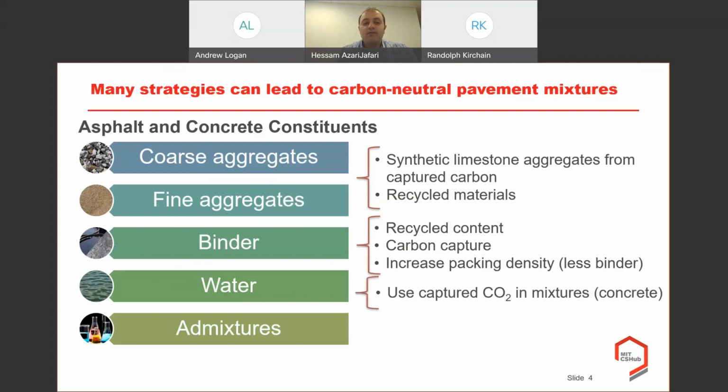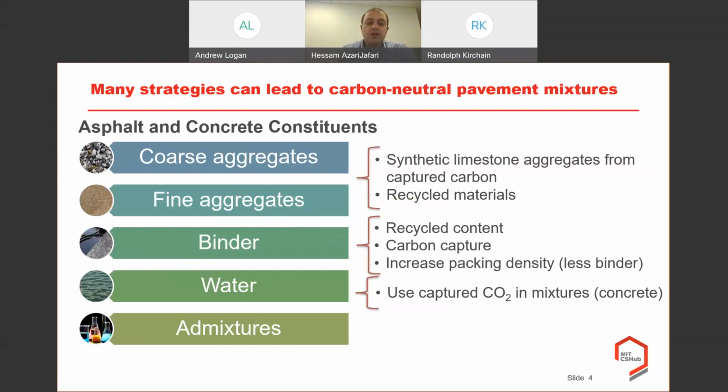For concrete, we have one constituent as water here. With the recent research and implementation efforts, we can see that we can use the captured CO2 in the fresh mixture, or we can use it in the water of the concrete mixture. This is another opportunity to offset the GHG emissions of the concrete mixtures.